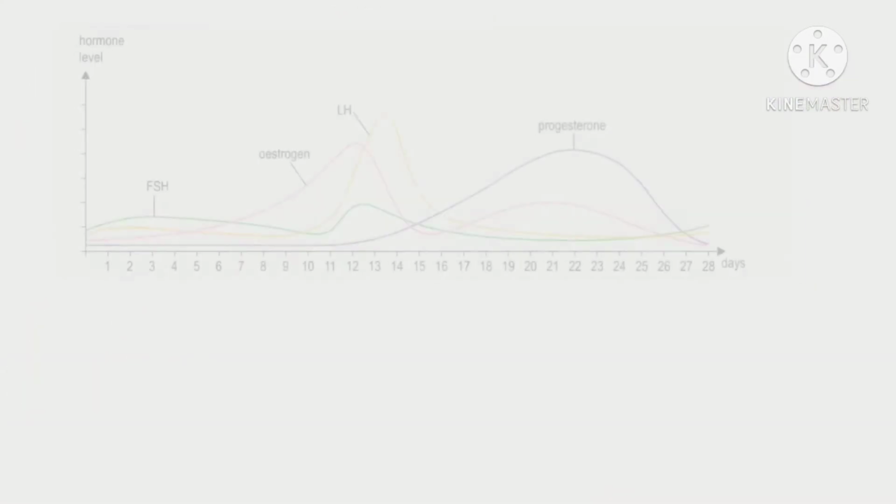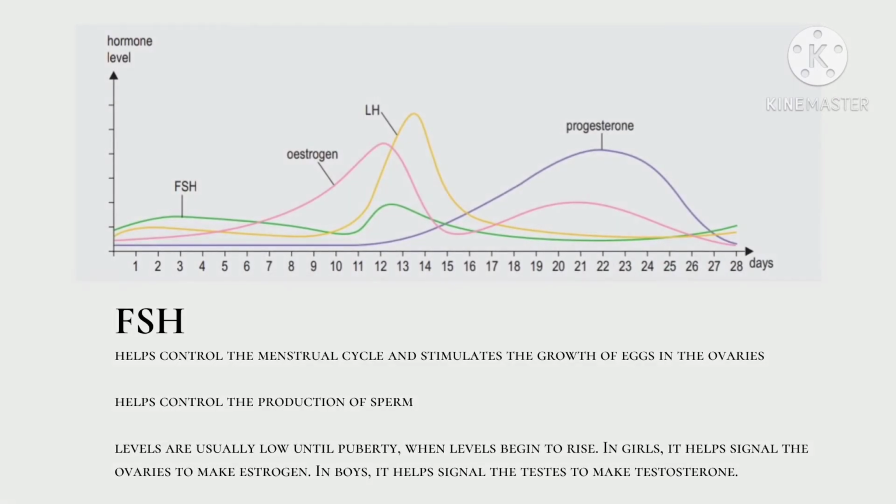Here is a little bit more information about FSH. In women's system, FSH helps control the menstrual cycle and stimulates the growth of eggs in the ovaries. But how about men? Yes, men do in fact have FSH, though the function is different from the woman's system.